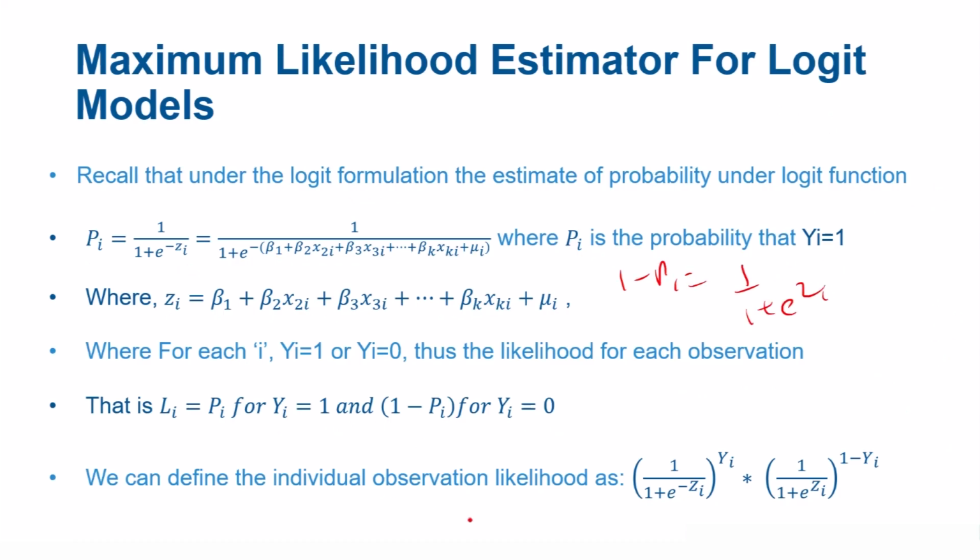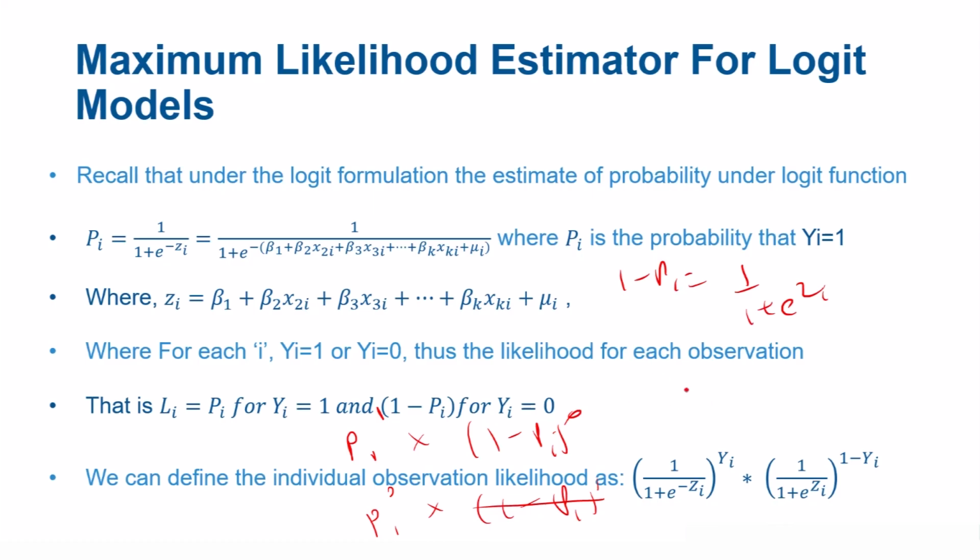Now we can define the likelihood function as the probability that default, or the event of interest, happens, which means pi to the power 1 into, if it doesn't happen, 1 minus pi to the power 0. The other scenario would be that the event doesn't happen, that means pi to the power 0 into 1 minus pi to the power 1, if the opposite thing happens.